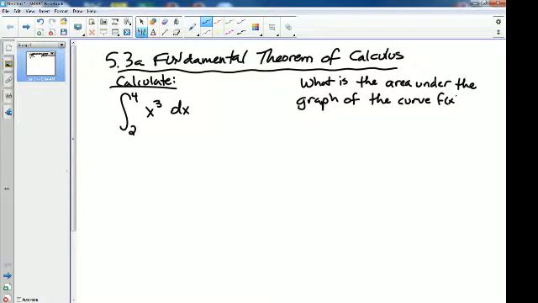F of x equals x cubed on... Okay, there's one way. You could also say between the x-axis and the graph of the function. So again, keep those in mind. There are many ways you can be asked that question.